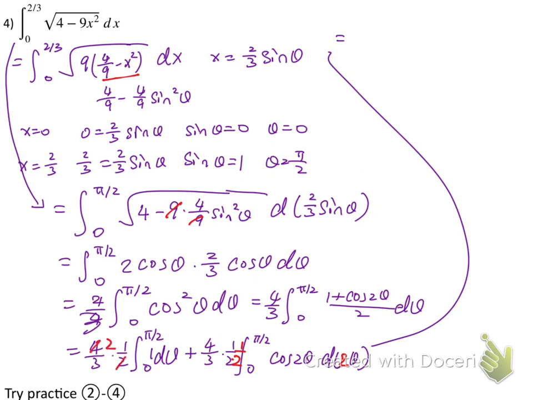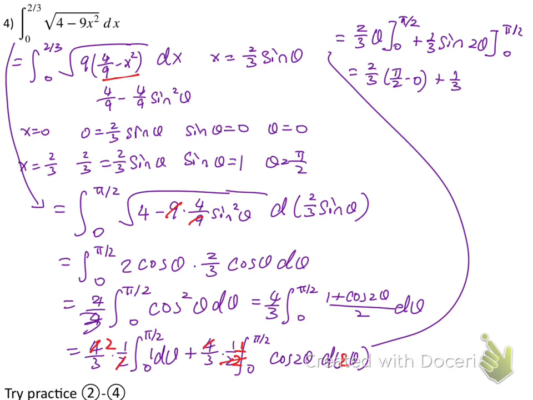So I'm really having 2/3 theta from 0 to pi over 2. Then on the other side, the 4 cancels with the other 2's. I'm having a third sine 2 theta evaluated from 0 to pi over 2. So the first part, I'm having 2/3 times pi over 2 minus 0. The second part, I'm having a third sine 2 theta, 2 times pi over 2, pi, minus sine 0.